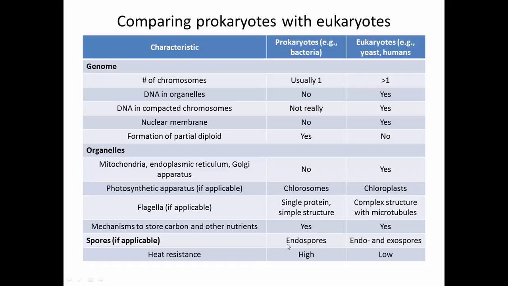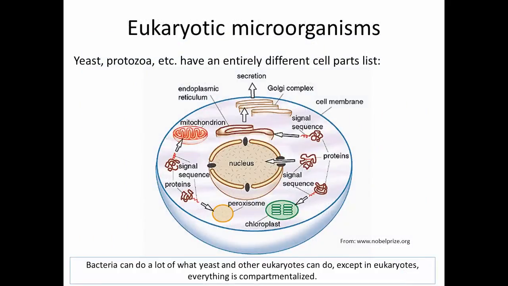They do what's called endospores. The spores are created inside the cytoplasm. Eukaryotes can have either endo or exospores, spores that can form outside the cytoplasm. Bacteria are relatively highly heat resistant. A lot of that has to do with cell walls. Eukaryotes not as much, certainly not animal cells.